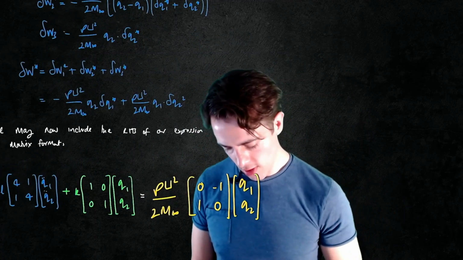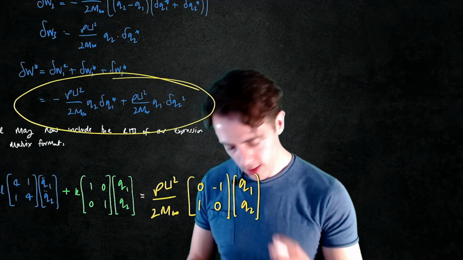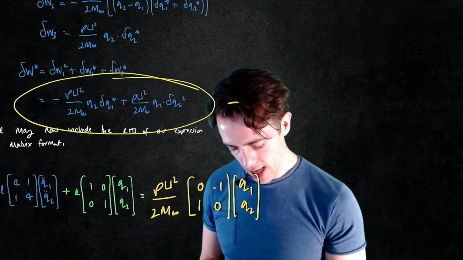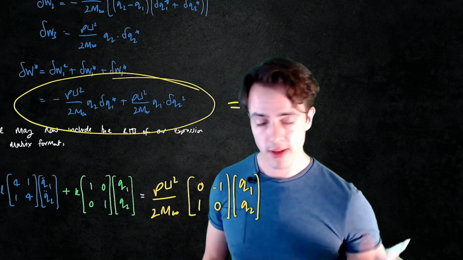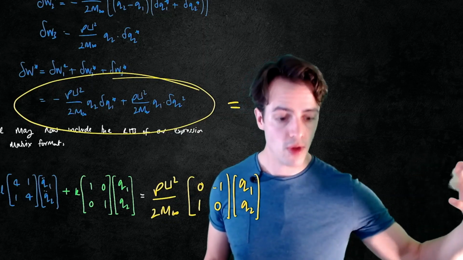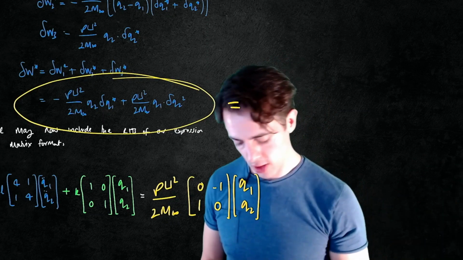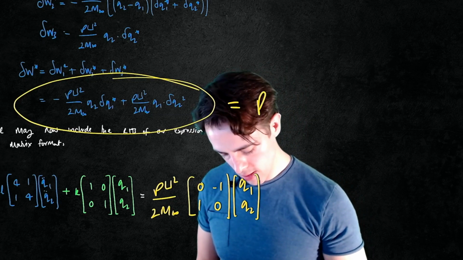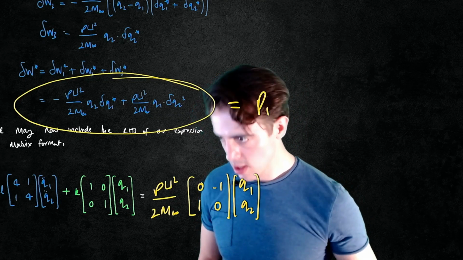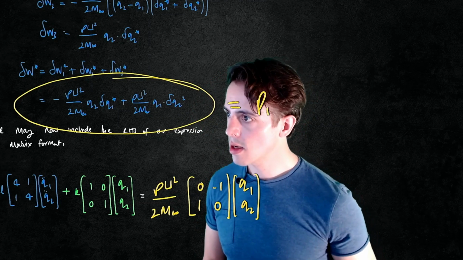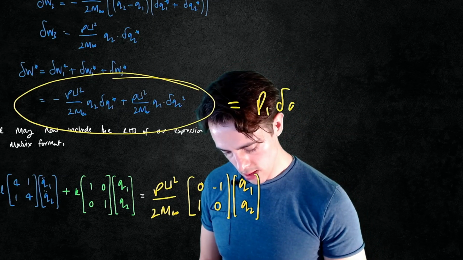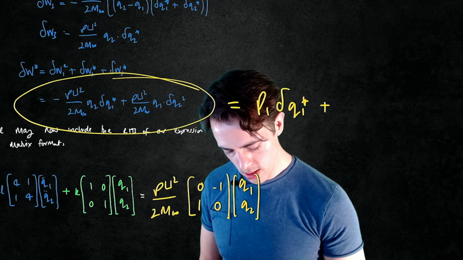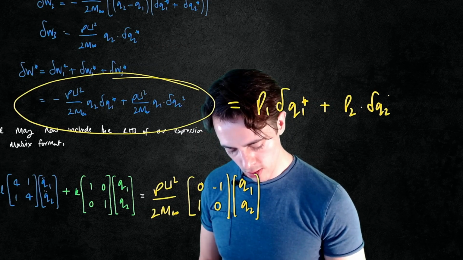Just a quick bit here, guys, just coming back. This bit that I started to write down and then corrected myself, it actually was correct. So this bit that we've just developed here is effectively equal to our P1 multiplied by delta Q1 star plus P2 multiplied by delta Q2 star.